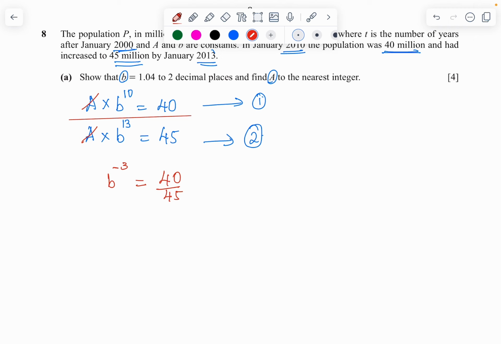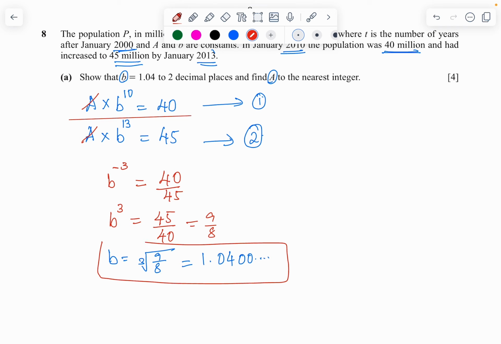So I will just swap this and write it as 45 over 40, which is 9 over 8. And when you check B equals the cube root of 9 over 8, the answer is 1.0400 and so on.